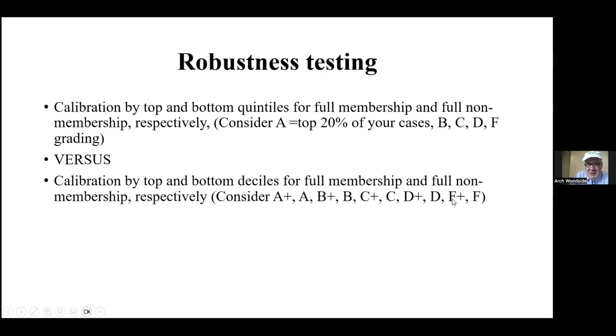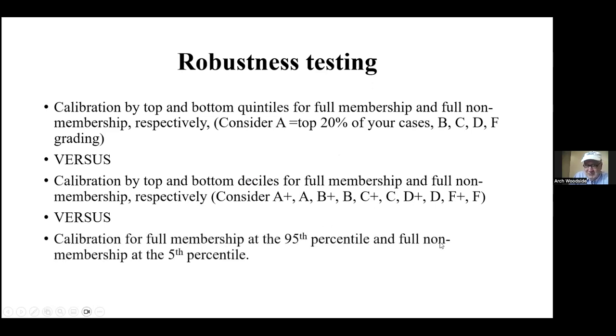Instead of by quintiles, you would do, for example, deciles, the top 10%. So this would be a case versus thinking of taking a full membership being the 95th percentile.